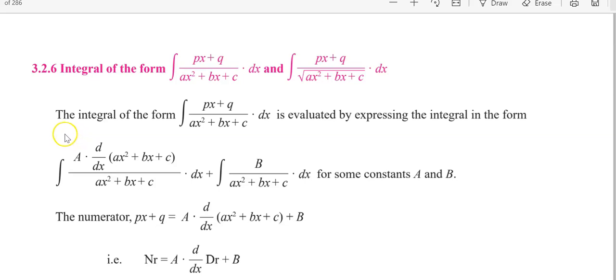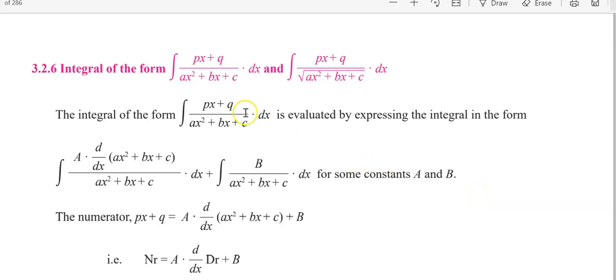The integral of the form (px plus q) upon (ax square plus bx plus c) dx is evaluated by expressing the integral in the form integral of A into d/dx of (ax square plus bx plus c) upon (ax square plus bx plus c) dx plus integral of B upon (ax square plus bx plus c) dx, where A and B are constants.